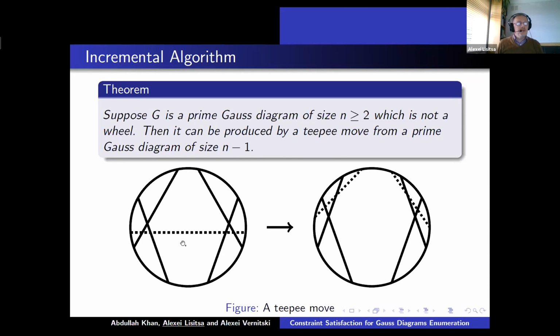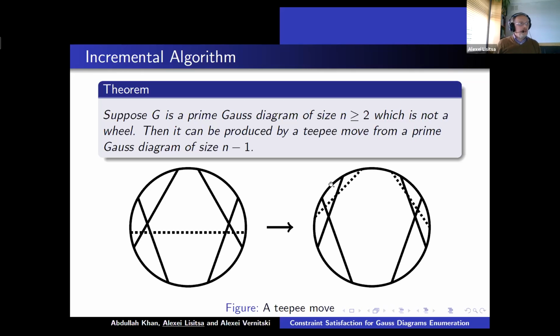Essentially, all you need diagrammatically is to take a diagram of a smaller size in which chords are located as shown in this picture, then remove this dotted chord and insert 2 new chords on the right. So you increase the size of the diagram by one more chord.